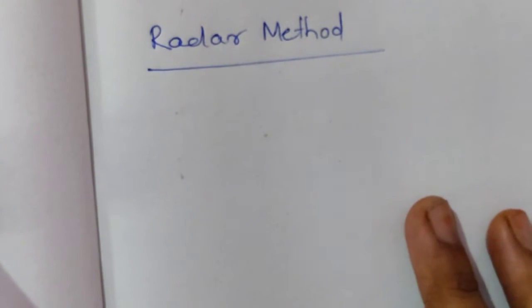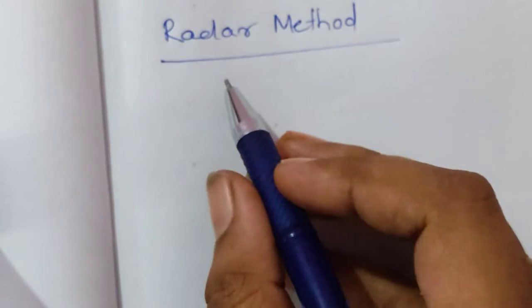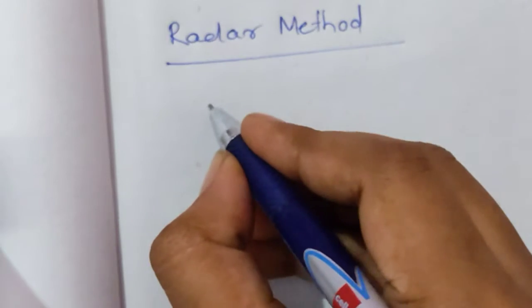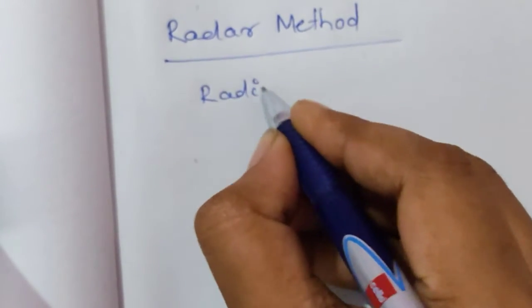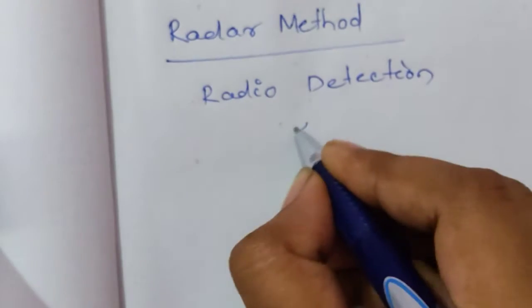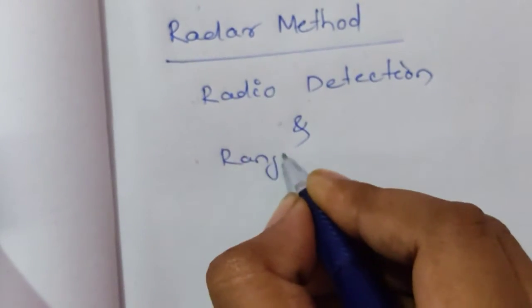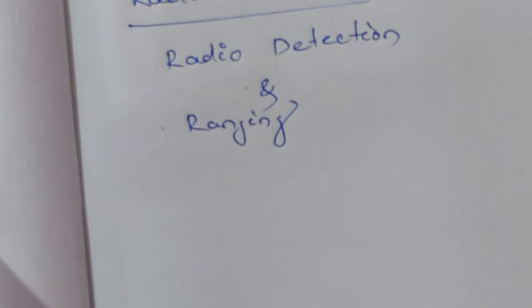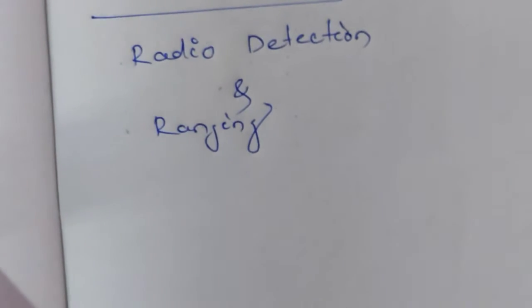The word radar stands for radio detection and ranging. What I said? Radio detection and ranging. Okay, clear? Now this method is used for measurement of nearby planets.